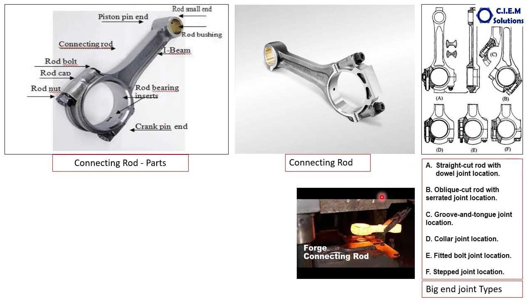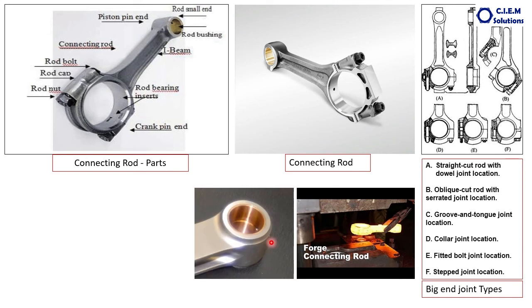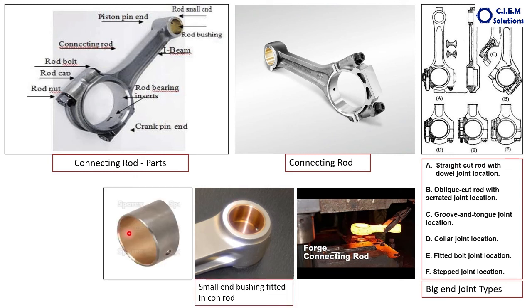The connecting rods are made with alloy steel and made through forging process. This is the connecting rod small end bushing. Some bushes are straight cylindrical bushes like this, and some bushes are a little different in shape. This is another type of bush.